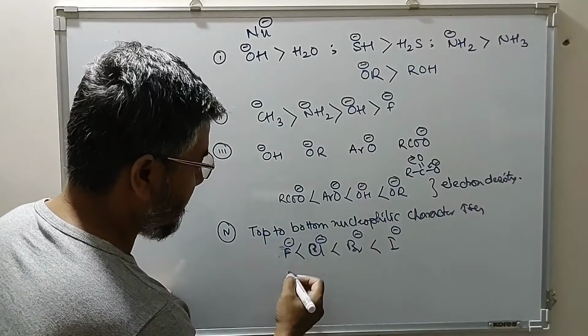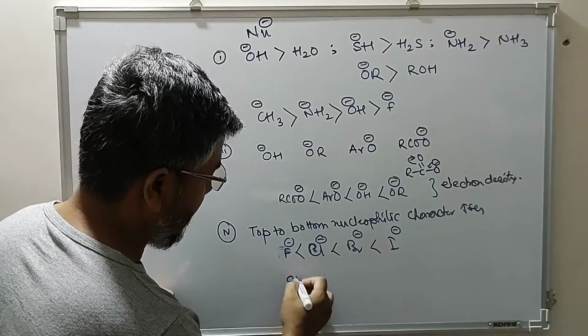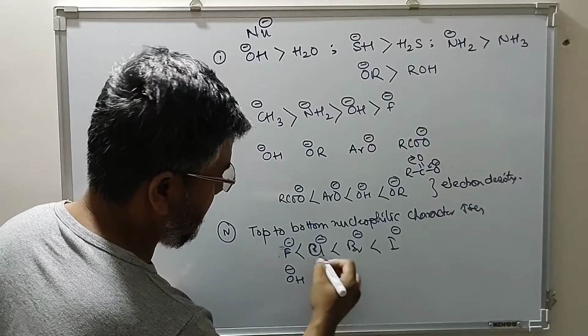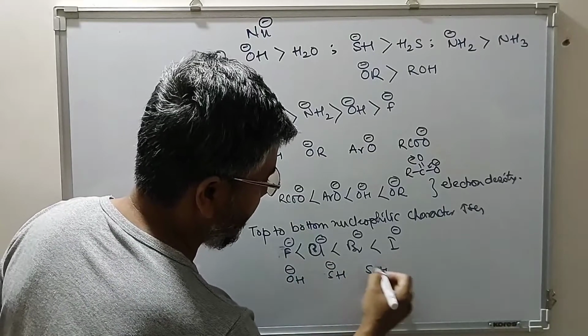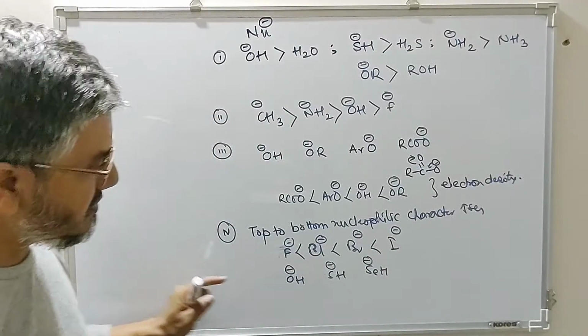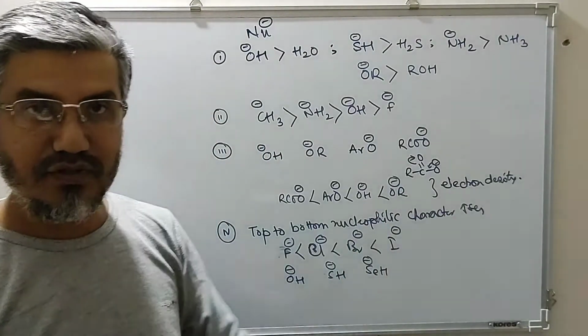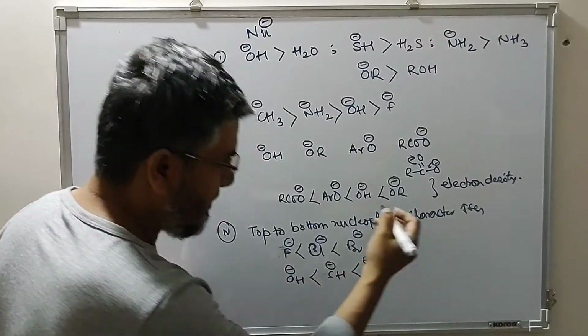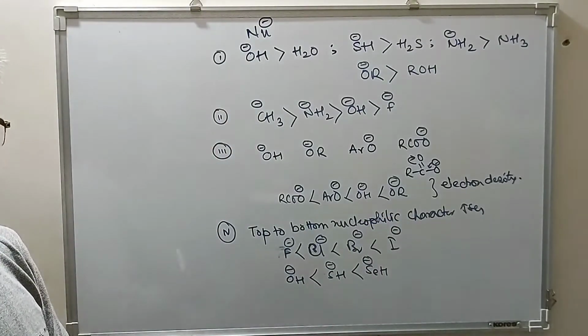Similarly, look at this: OH, SH, SeH. Again, oxygen, sulfur, selenium belong to the same group. So moving from O to S, S to Se, again nucleophilic character increases.